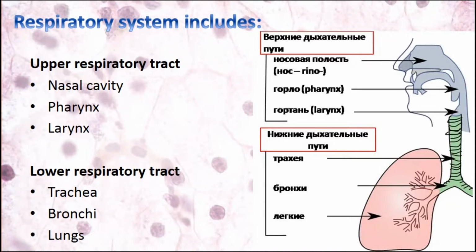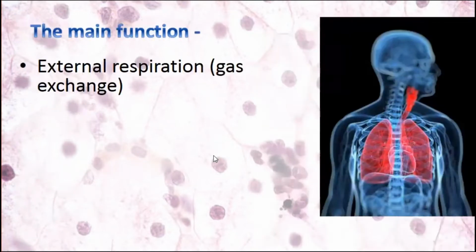For example, the upper respiratory tract is treated by otorhinolaryngologists, and the lower respiratory tract is treated by therapeutists and pulmonologists. It's a clinical division, and we also have functional and structural divisions, and later we'll talk about this.